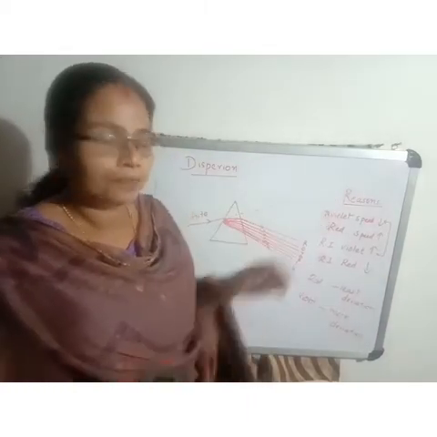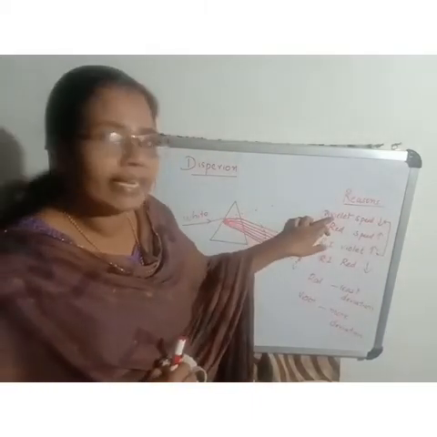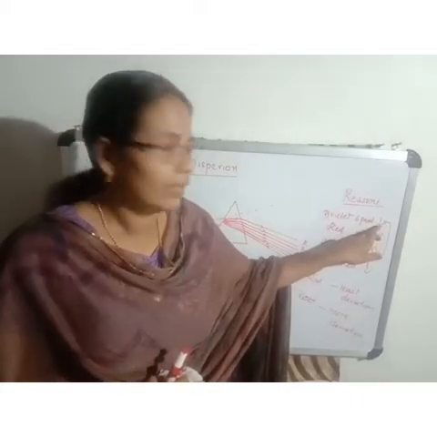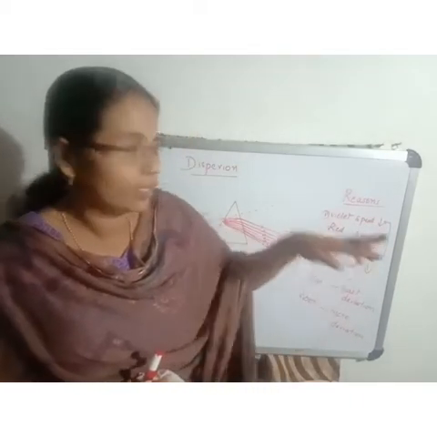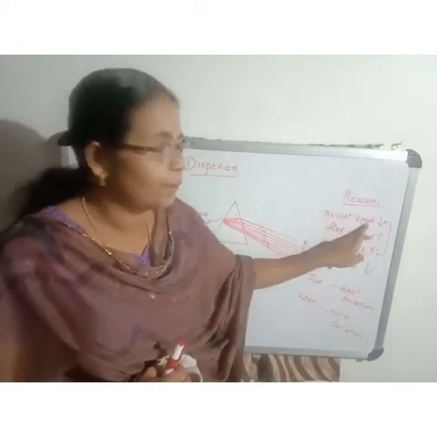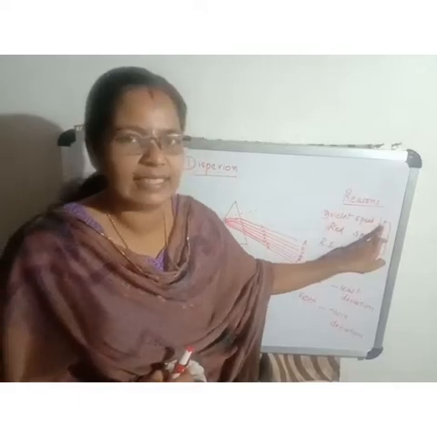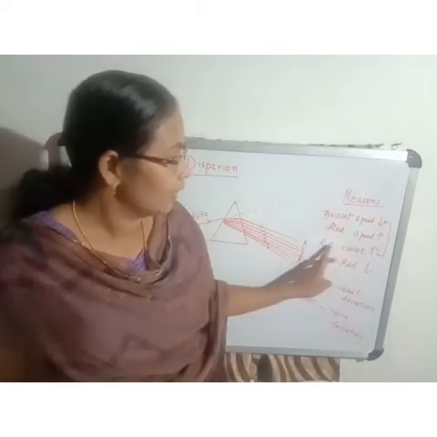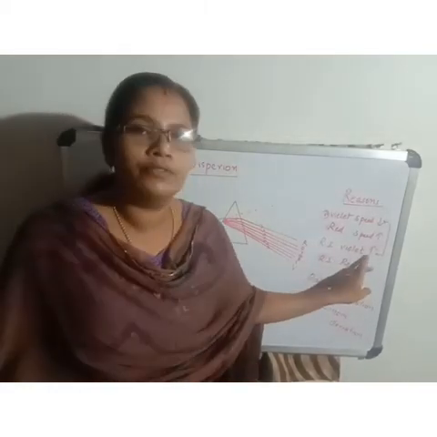The reason is that we know violet color has a speed which is very less. Less means I am just putting the arrow mark downward. So the speed of the violet color is less. So reversely, the refractive index of violet will be more.